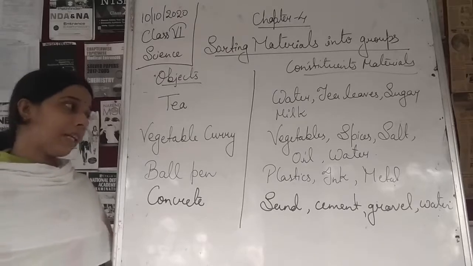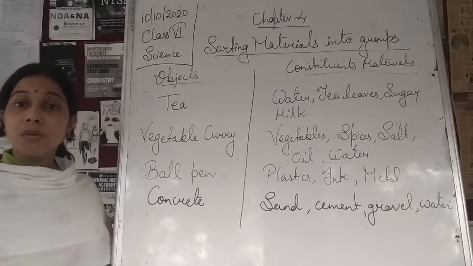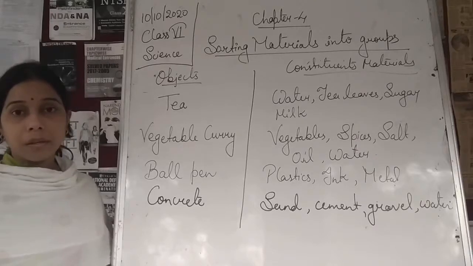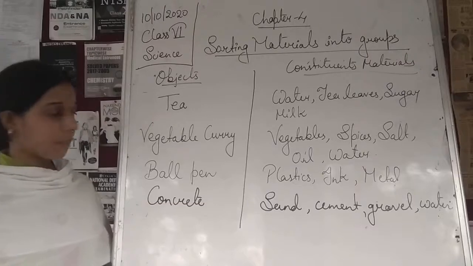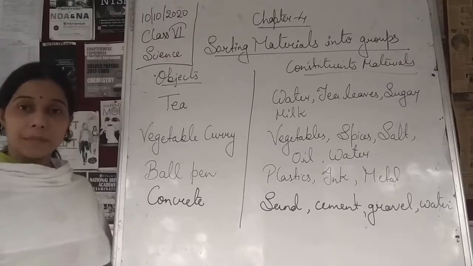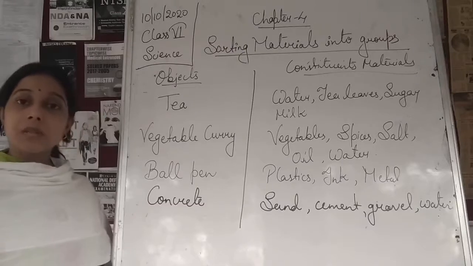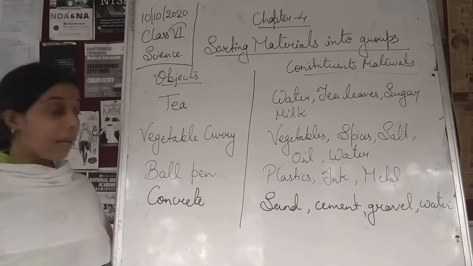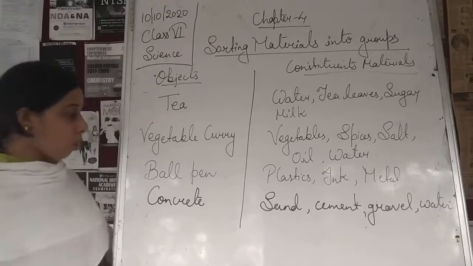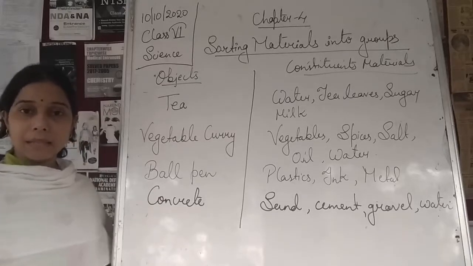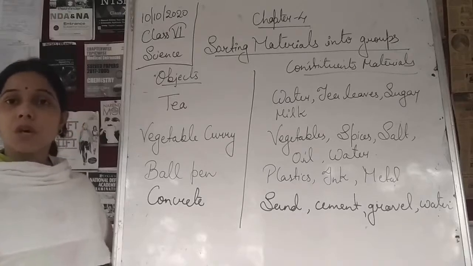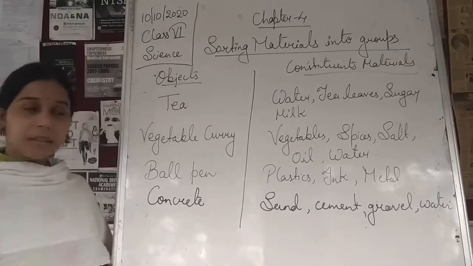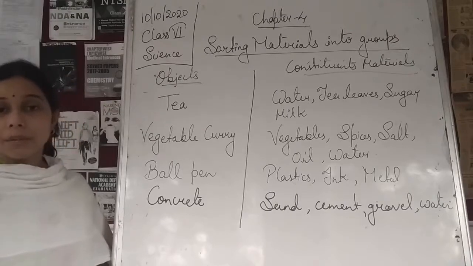So it includes vegetable, spices, salt, oil, water. All these things will be present in the vegetable curry. If we talk about the ball pen, it is made up of plastic, ink and metal. If we talk about concrete, concrete is made up of sand, cement and gravel, water.